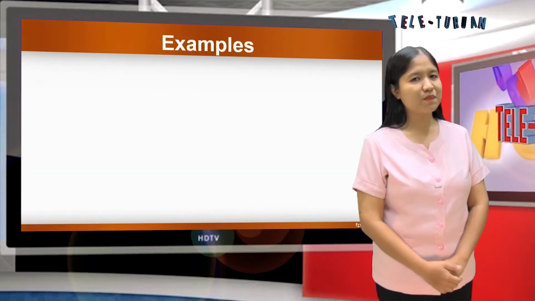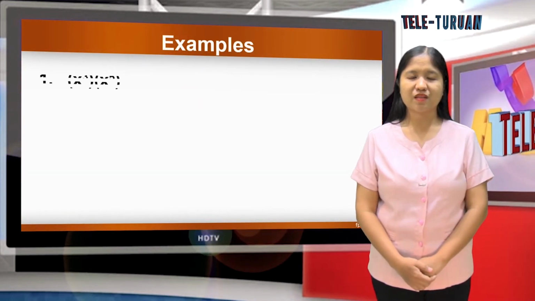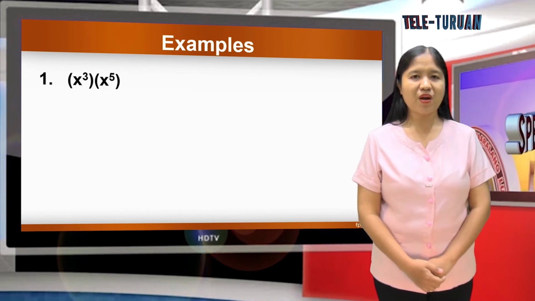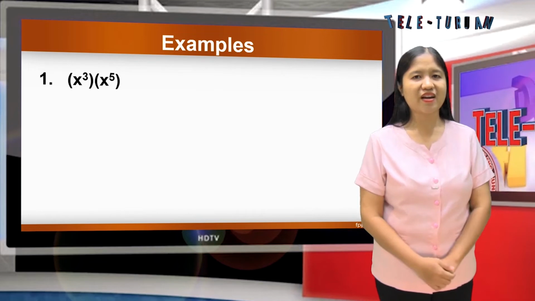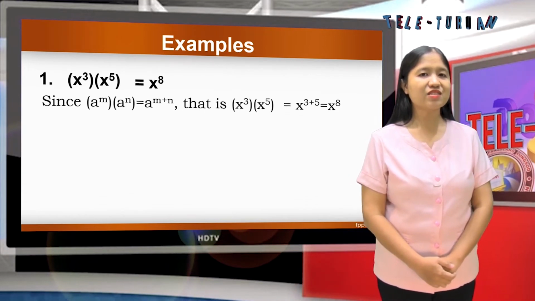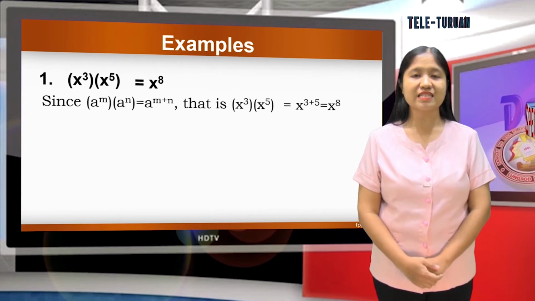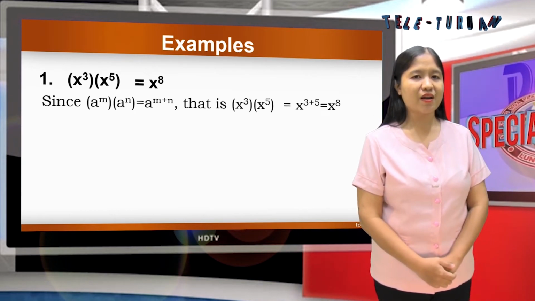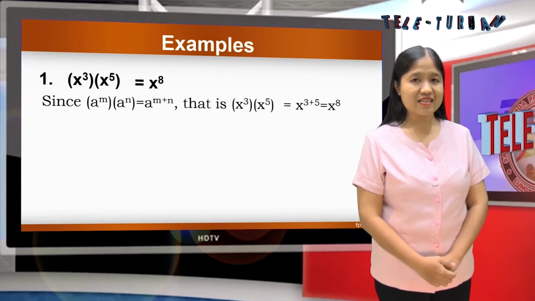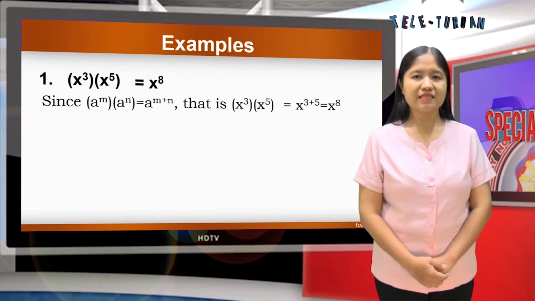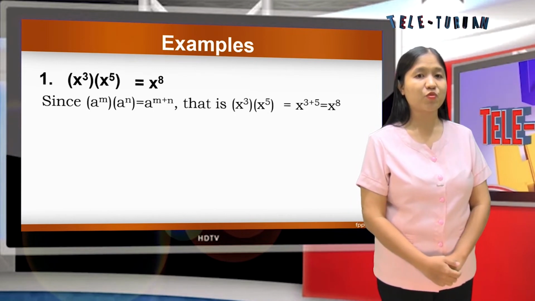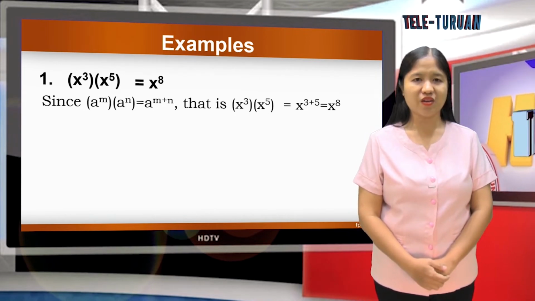Let us multiply the following examples. Number 1. x cubed times x to the 5th power. That is correct. x raised to the 8th power. Since a raised to m times a raised to n is equal to a raised to m plus n, or simply the product of a power, that is x cubed times x to the 5th power is equal to x raised to 3 plus 5, which is equal to x raised to 8.